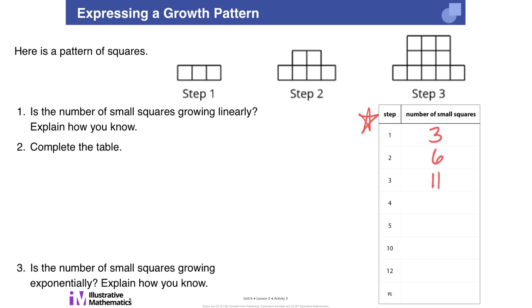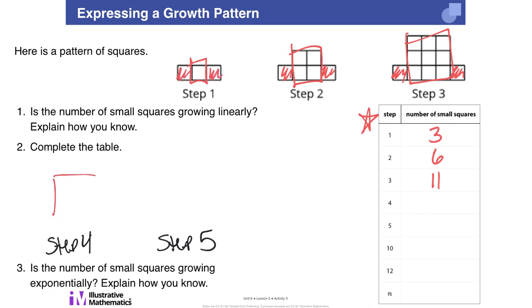I've started my table over there on the right, but I'm going to think a little bit more about step 4 and step 5. When I look up at my pattern up here, I'm noticing that I see this square showing up in the middle, and then I'm always adding on these extra 2 squares there. And we see this here on step 1 as well. So step 4, I would have a square in the middle that's going to be a 4 by 4 square, and then I'm going to have these 2 squares off to the side.